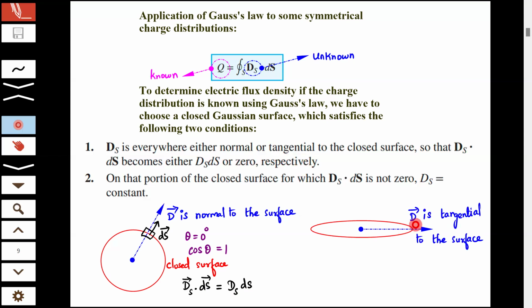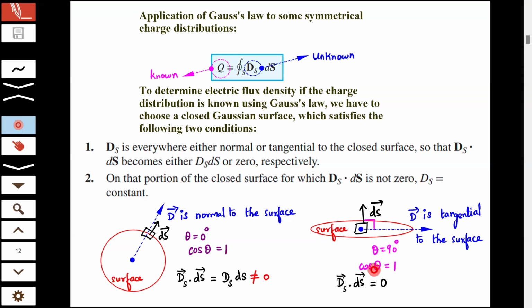If I consider d is tangential to the surface, the flux density vector should run parallel to the surface. Here, for the case of the tangential d vector, I have taken the example of a circular disk as the surface, and the flux density vector is running parallel to the surface. In this case, the surface element is normal to the surface, and the angle made between the flux density vector and the surface element is 90 degrees.